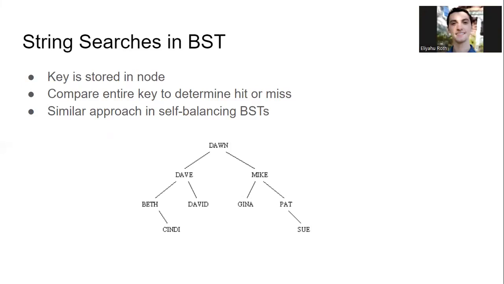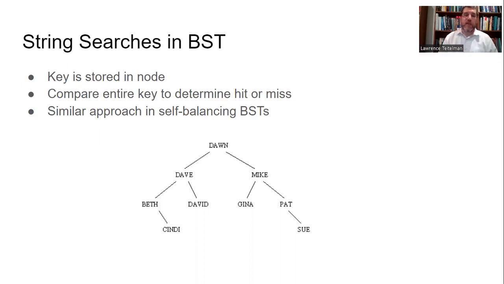The normal way is to take the values of each subsequent letter. I compare the D to the D and determine they're the same, so I move on to the next letter. I compare the A to the A and they're the same. I compare the W to the V, and now I have a determination. When we compare strings, in Python you can just say less than, and in Java you'll use compareTo.